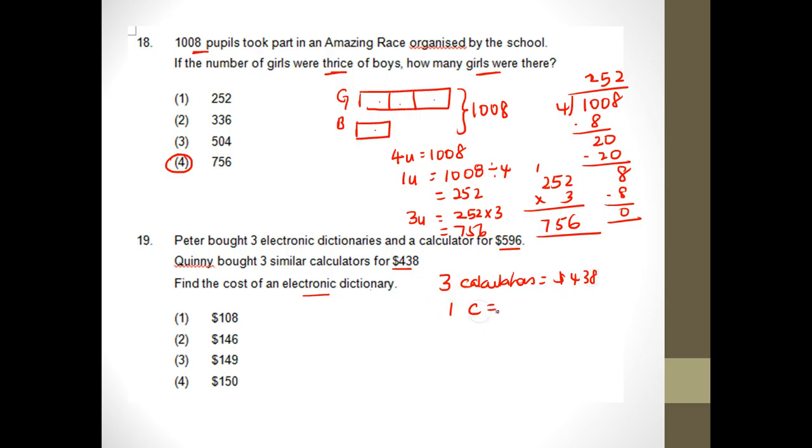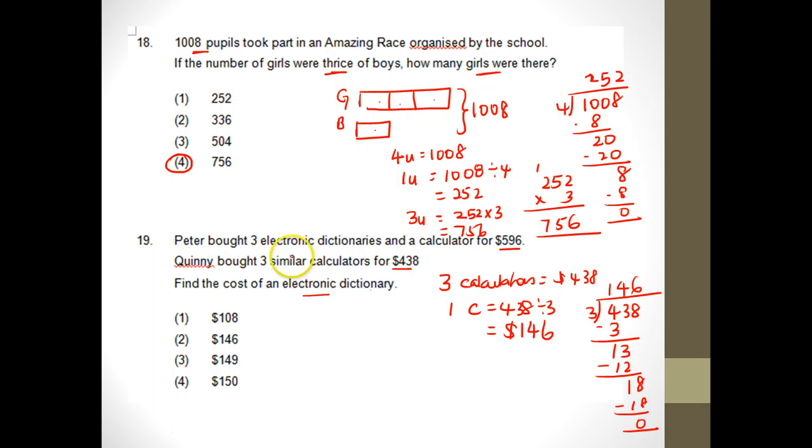So 1 calculator would be 438 divided by 3. 3 times 4 is 12. 6 times 3 is 18. So 1 calculator costs 146.